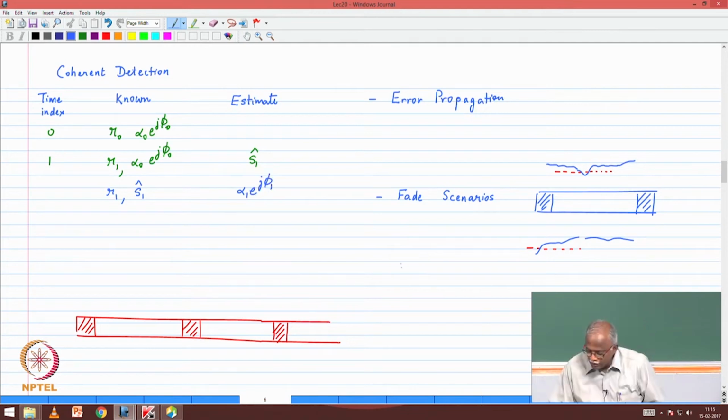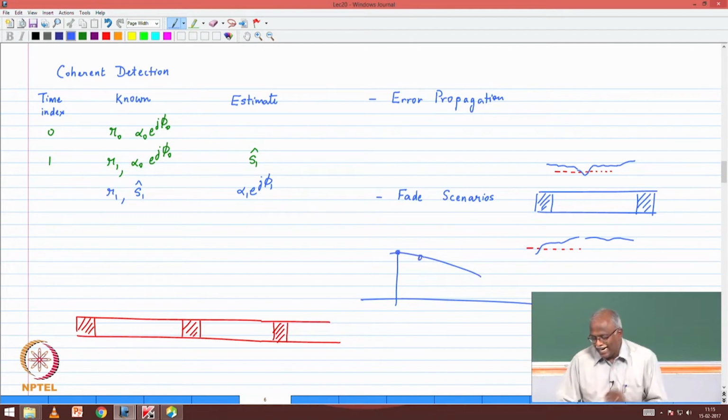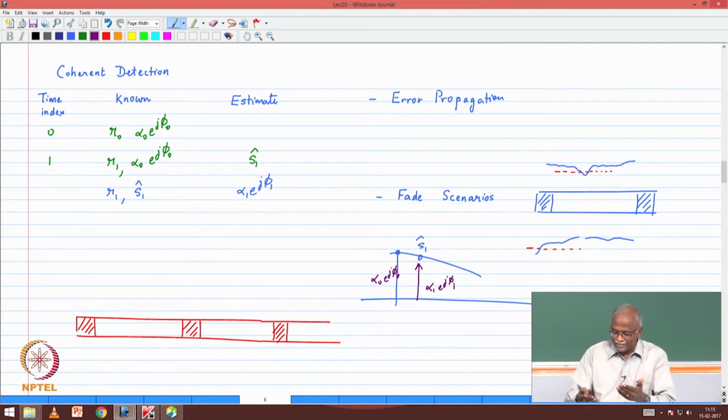That means you assume that the channel will change between symbol 1 and symbol 2, and you have already detected the symbol. So this is S1 and S1 hat, and what we are doing is trying to estimate what slight change has occurred. This is alpha 0 e power j phi 0, this is alpha 1 e power j phi 1.